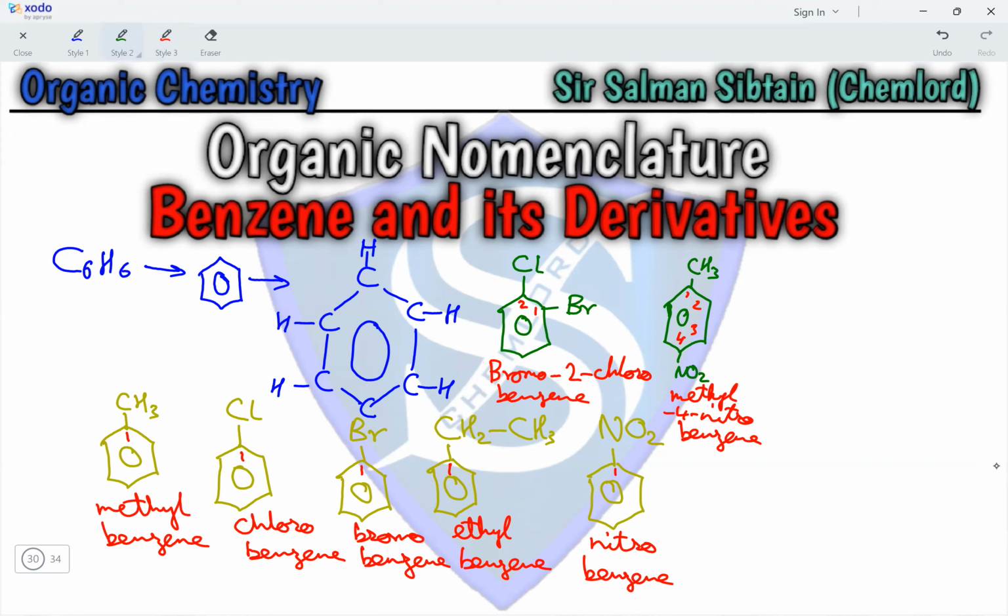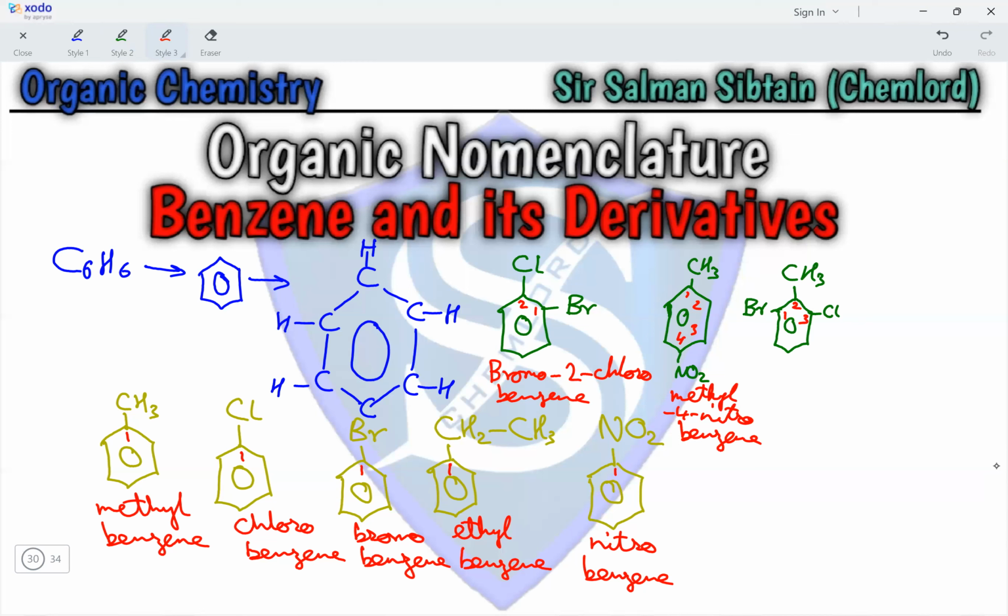Another compound would be a methyl group, a chloro group, and a bromo group. So now in this case, again, alphabetical preference would be given to bromine. So the numbering would start with the carbon having the Br attached to it. The second carbon would have methyl, and the third would be the one having chlorine on it.